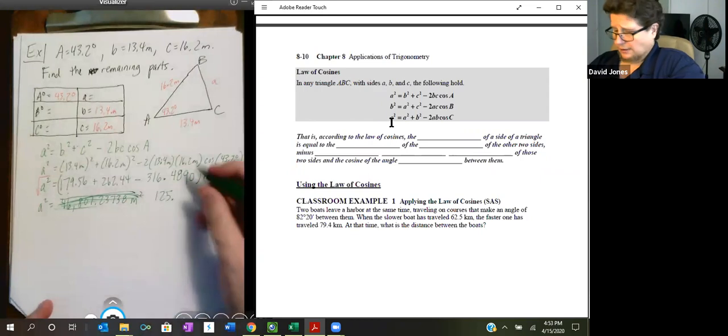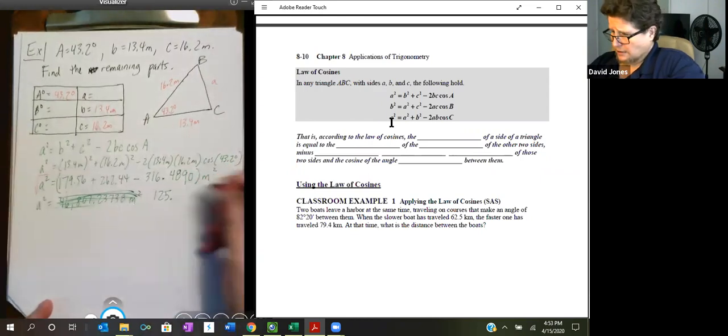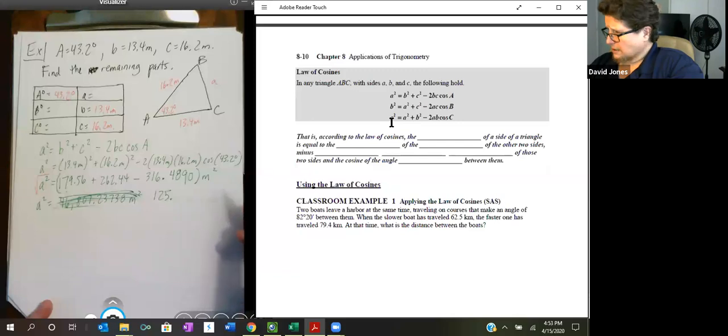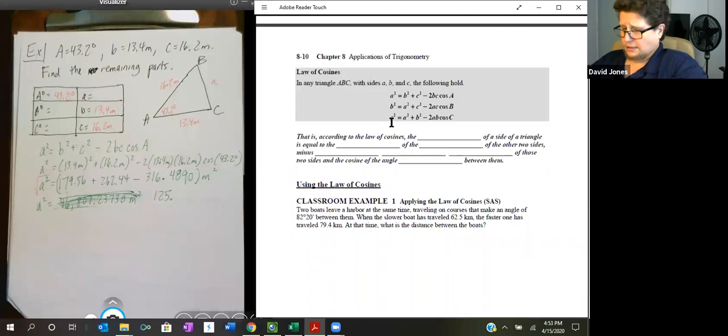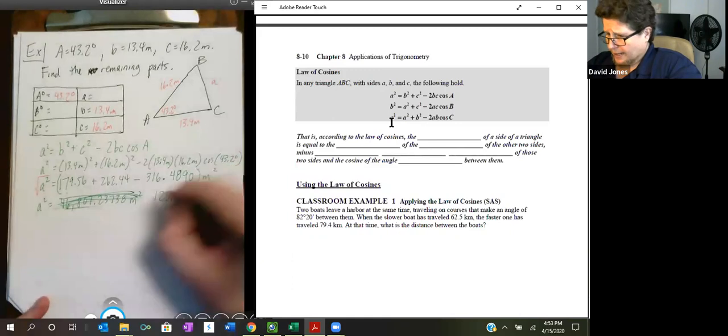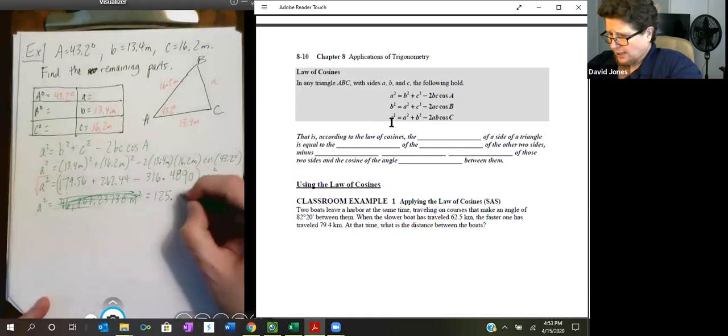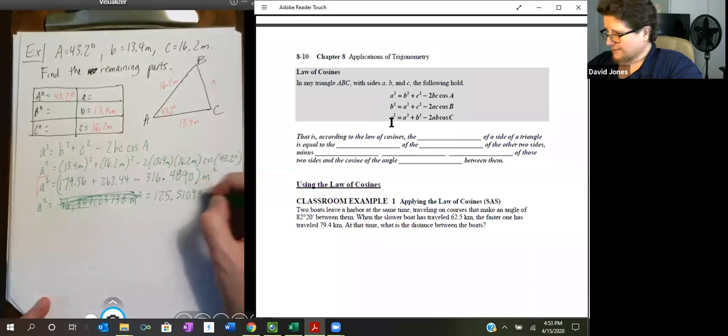Did I enter everything right? Let me do this again. 13.4 squared plus 16.2 squared minus 2 times 13.4 times 16.2 times cosine of 43.2. A squared is 125.5109807.